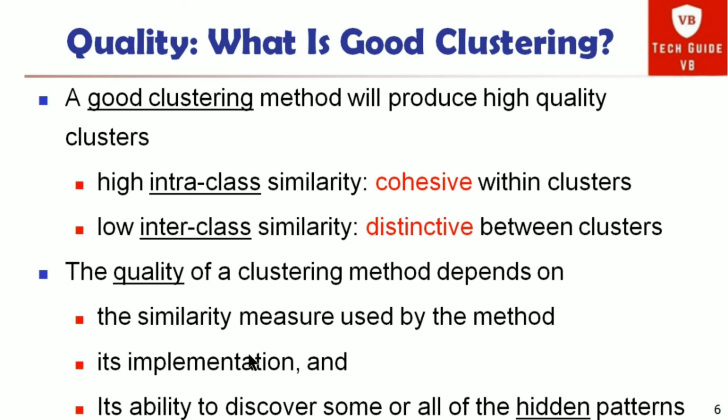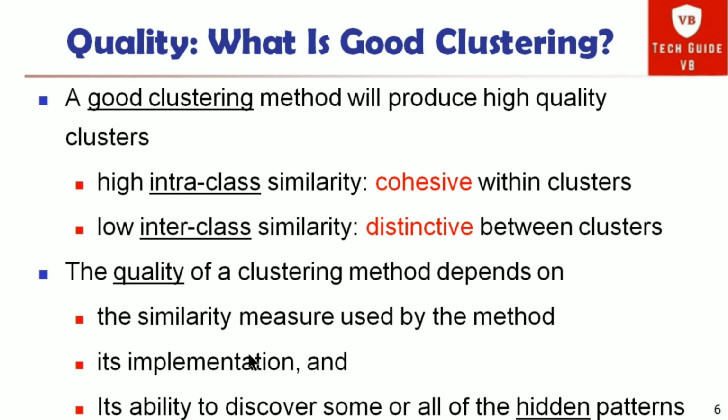So clustering is good when it has these two characteristics. Then the quality of a clustering method depends on the similarity measure used by the method, its implementation, and its ability to discover some or all of the hidden patterns.